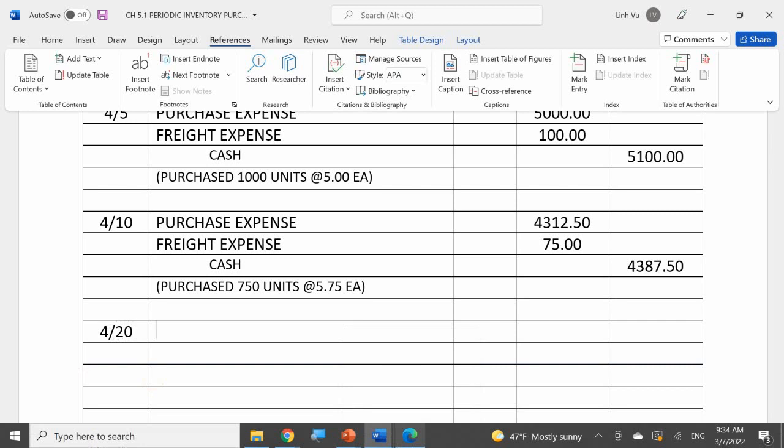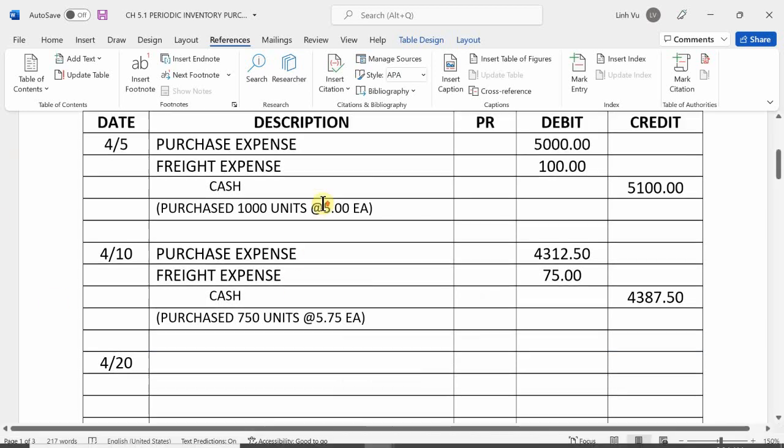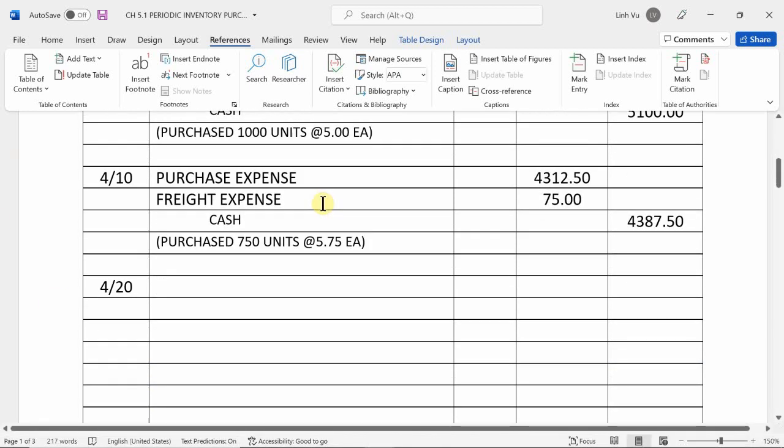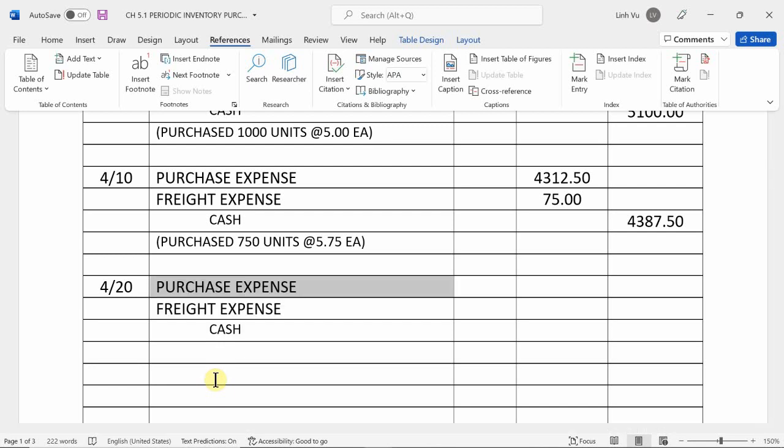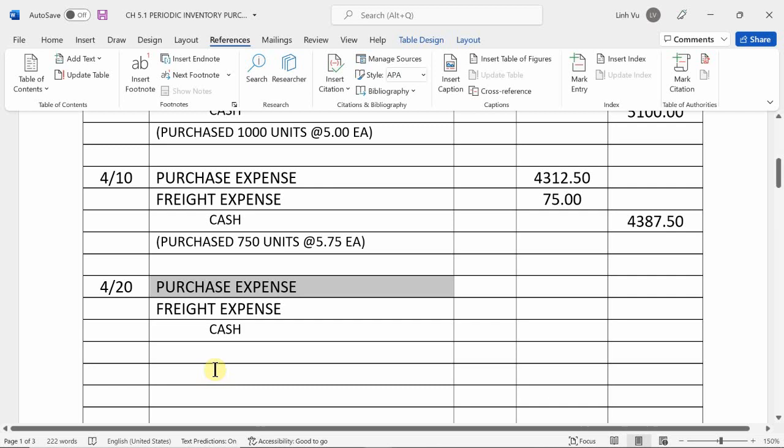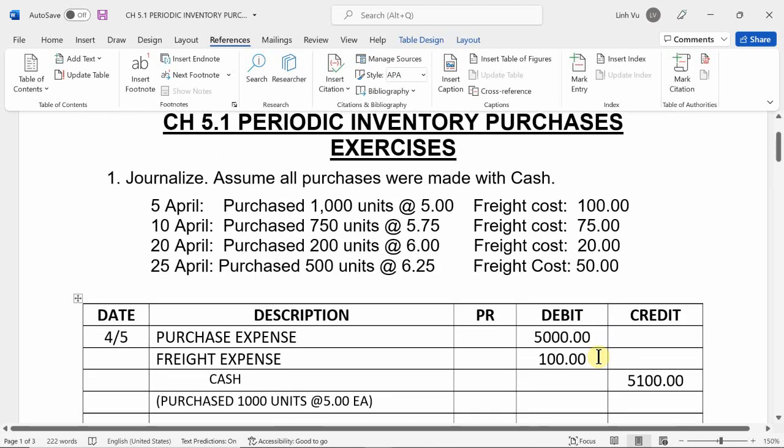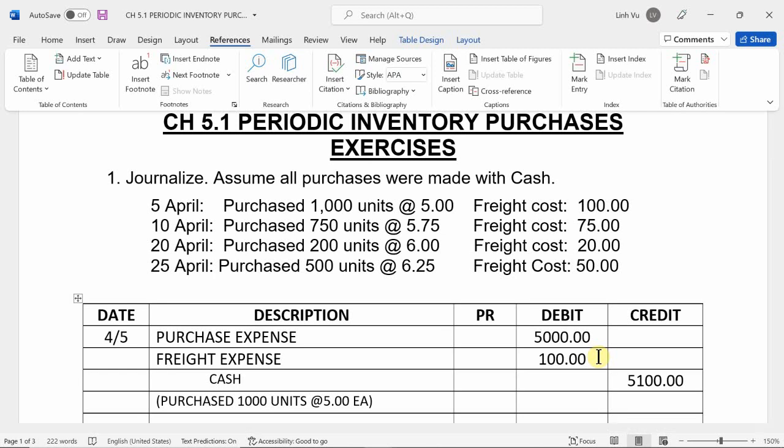April 20th. Copy and paste. That's the great thing about technology, and you are here to learn how to use technology, so yes, you can copy and paste your transactions. Nothing wrong with that. What should be my purchase expense and my freight expense?